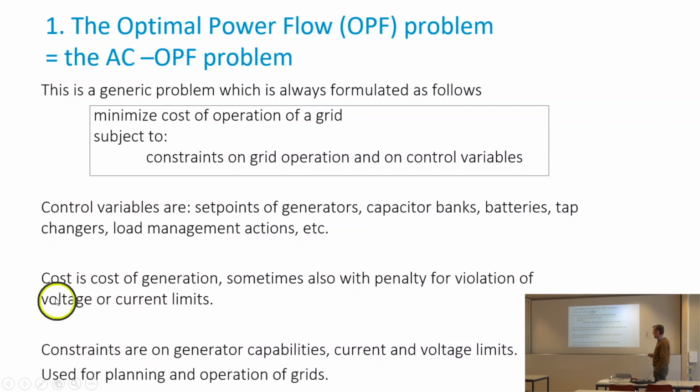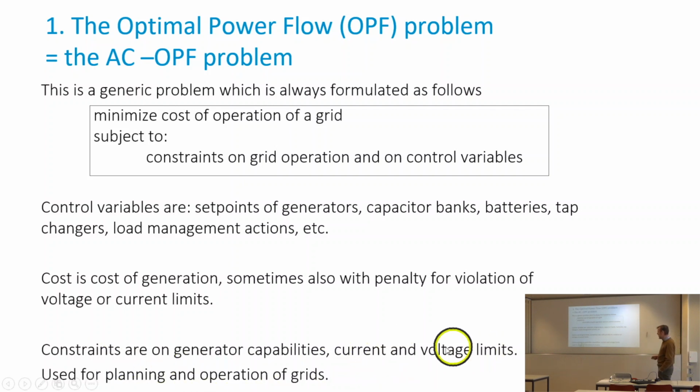The OPF problem has constraints, so what makes a problem difficult is usually the constraints. So the constraints are, of course, the capabilities of the flexible resources. A generator can produce some minimum power and some maximum power, not more.